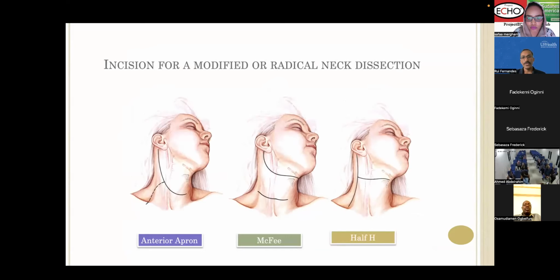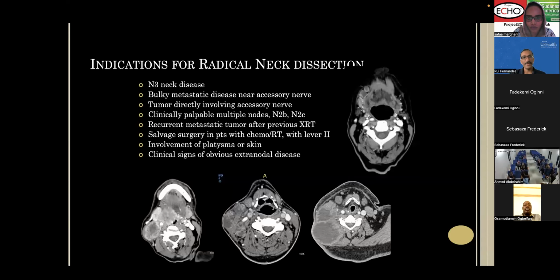Now, who needs what? Thankfully, very few patients, at least in my practice, need radical neck dissection. And we know what that entails, taking all 5 nodal levels, as well as the structures, both the muscle and the vein, as well as the nerve.